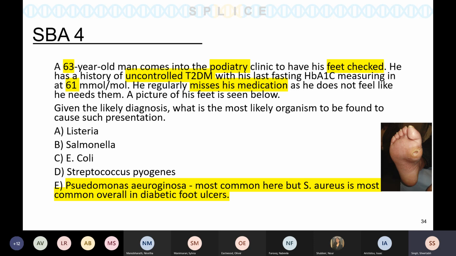Pseudomonas is the most common bug here in that list, but if Staph aureus was on there, that would be the most common overall in diabetic foot ulcers. Okay, next slide.